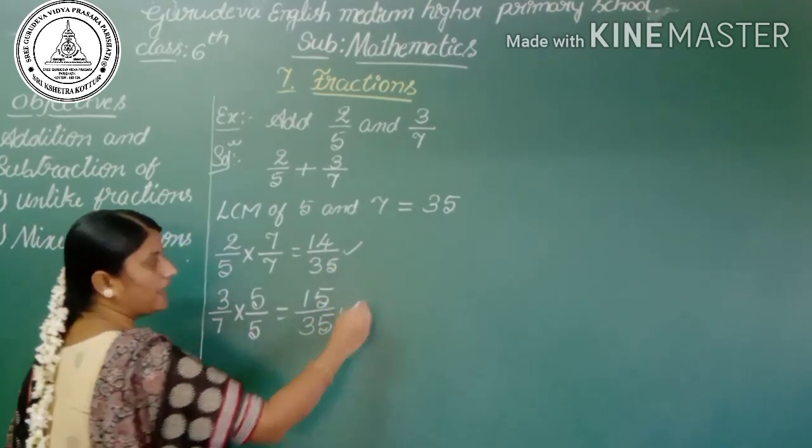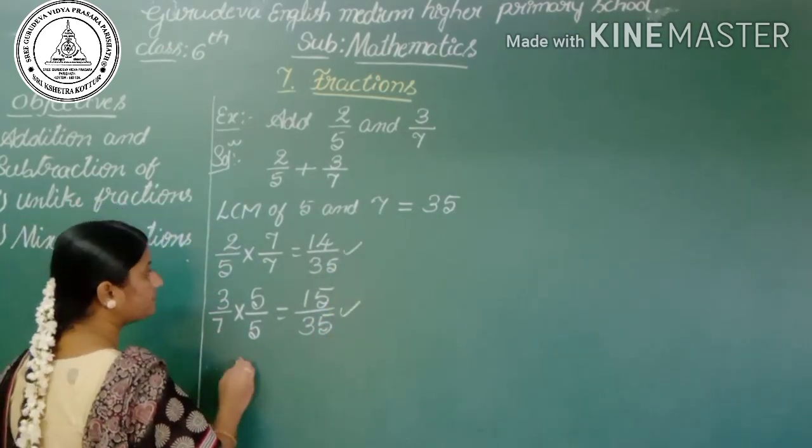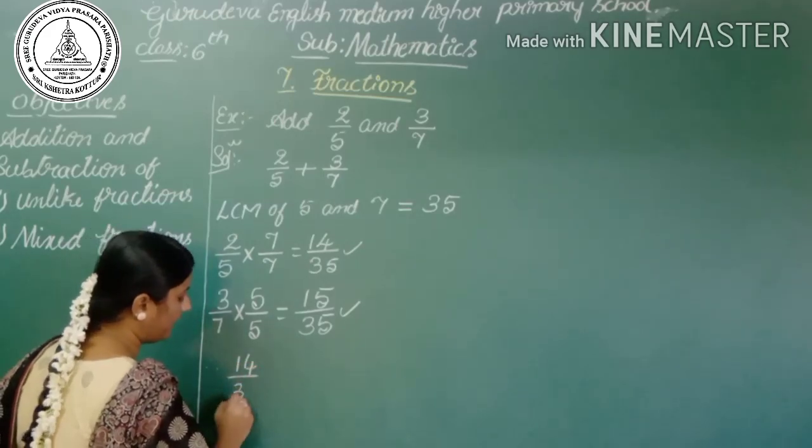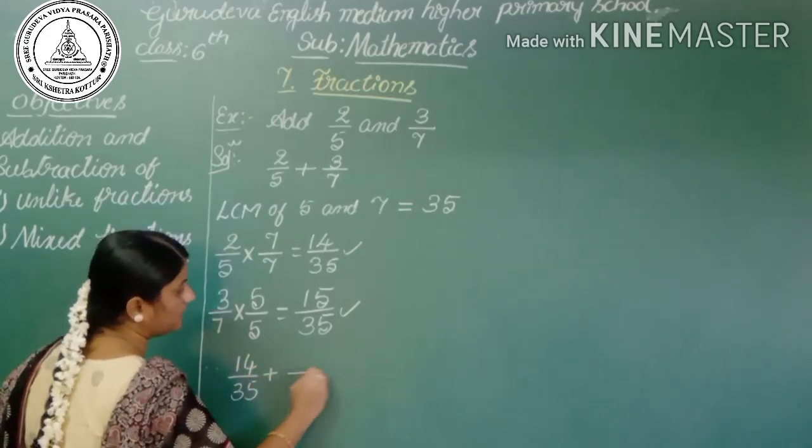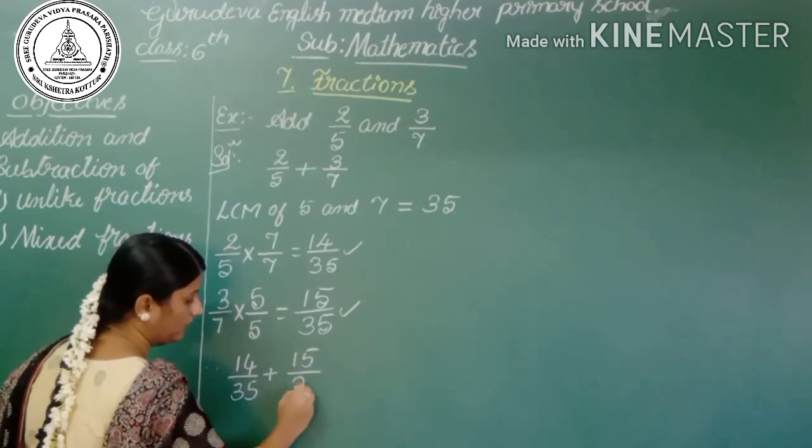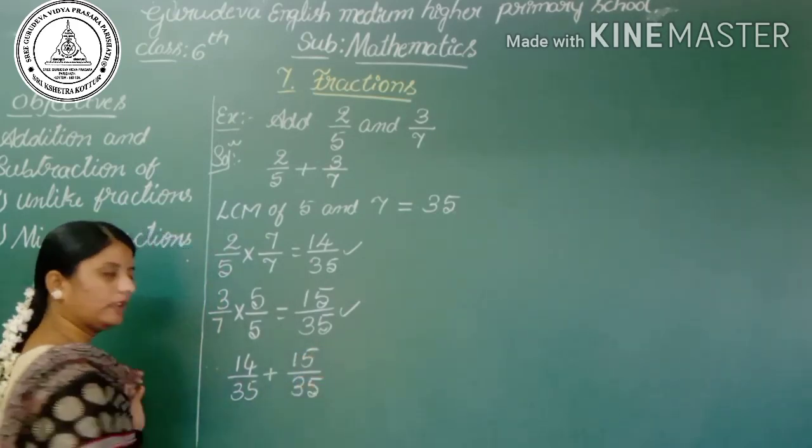Add these two fractions. Therefore 14 by 35 plus 15 by 35.